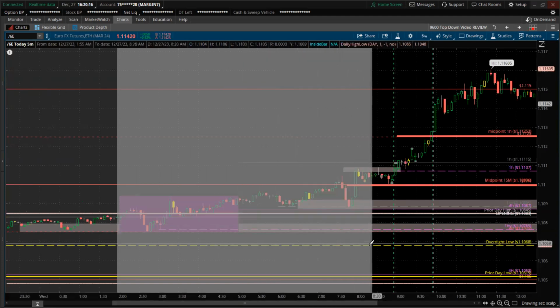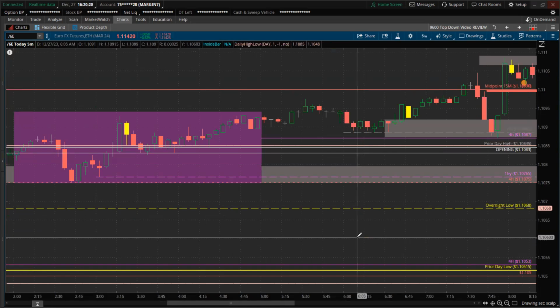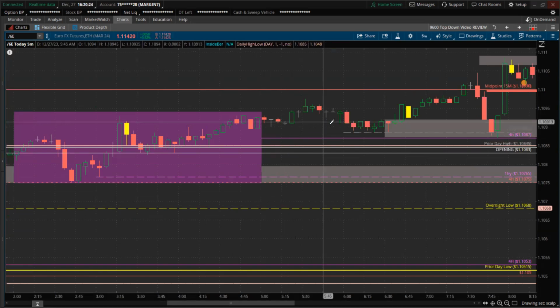Take this to the 8 o'clock. So you can see what happened here. A lot of tight consolidation, low liquidity, less trading. But again, here, 7 a.m. New York time, momentum went higher. We finally took out the high of the Asian session.